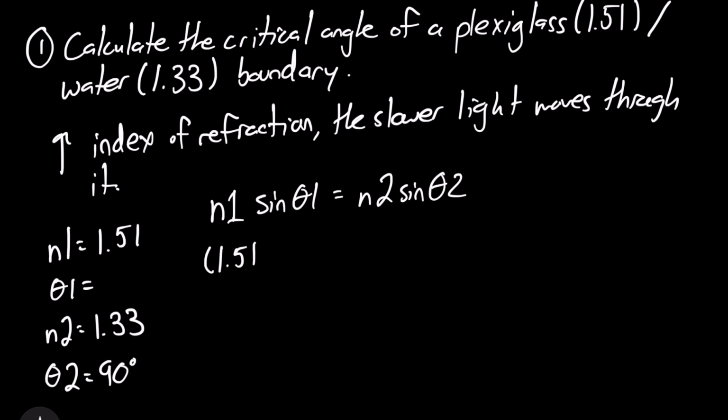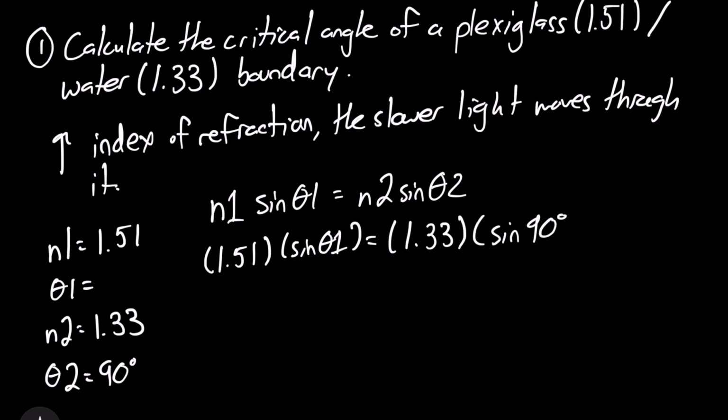So we just have 1.51 multiplied by sine theta 1 equals 1.33 multiplied by sine of 90. For any of you that are familiar with our sine values, you'll know that sine 90 is just equal to 1. So if you want to substitute 1 for sine 90, feel free to. I'll leave it in here.